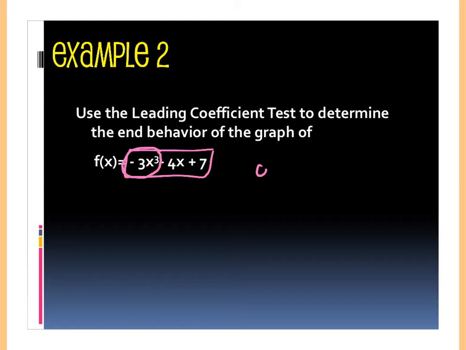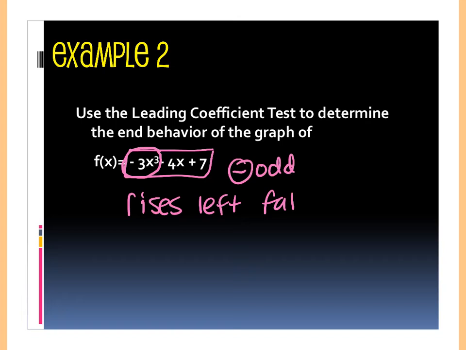Odd. Is the leading coefficient on that odd exponent positive or negative? Negative, which means this falls left. Nope, it rises left and falls right.